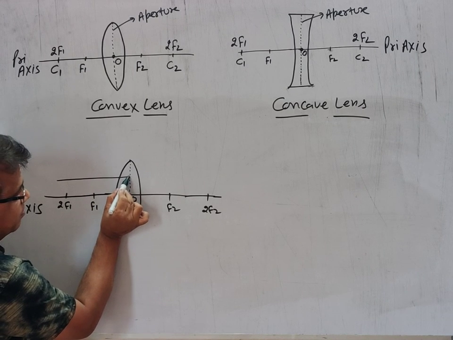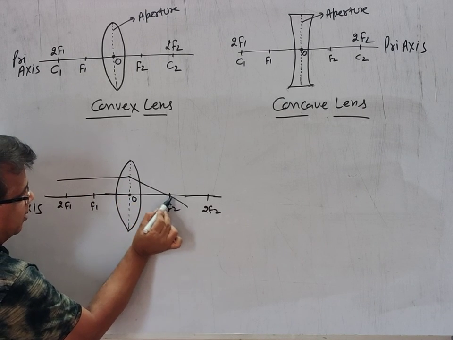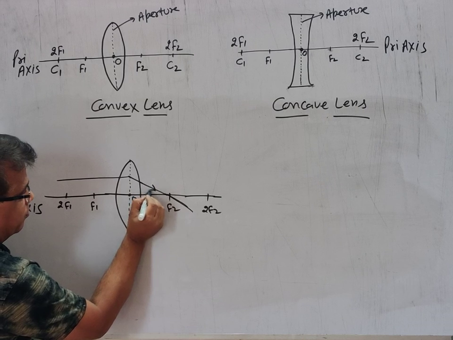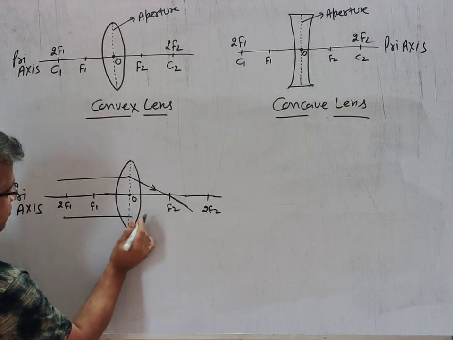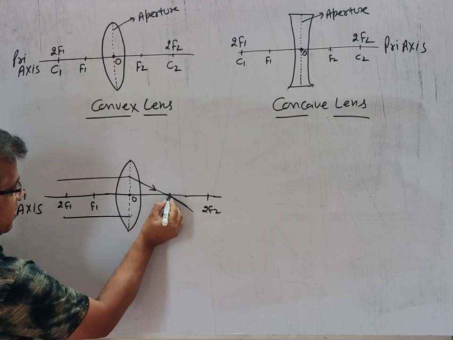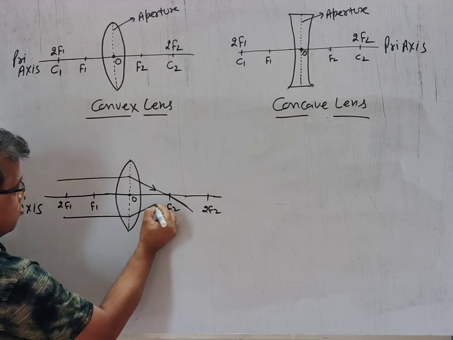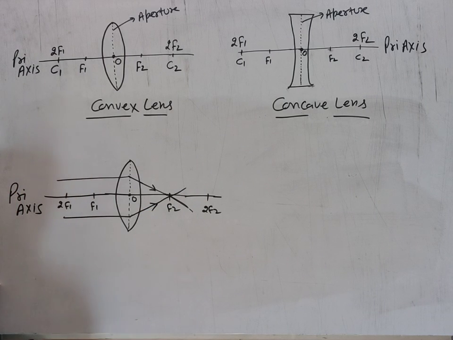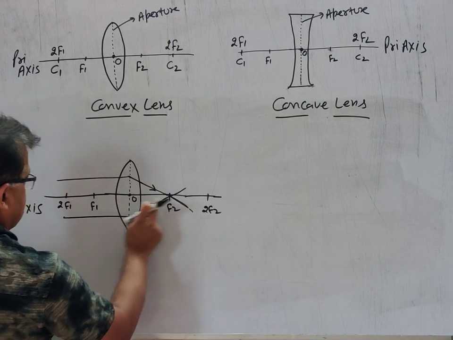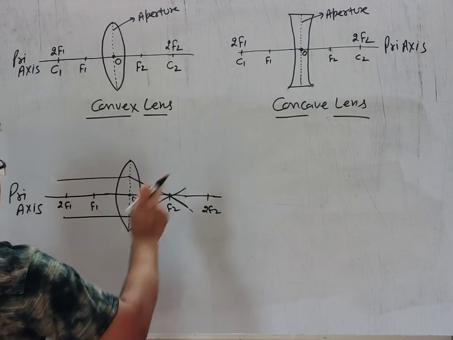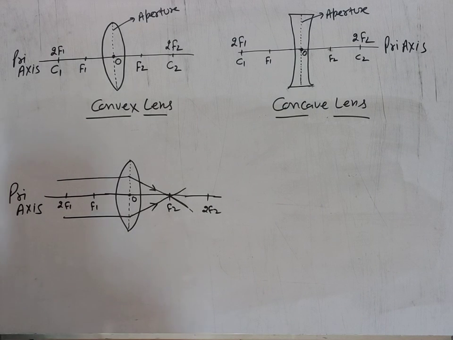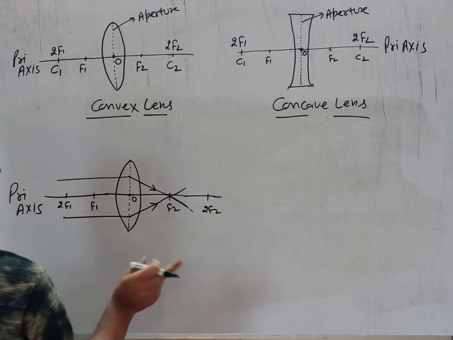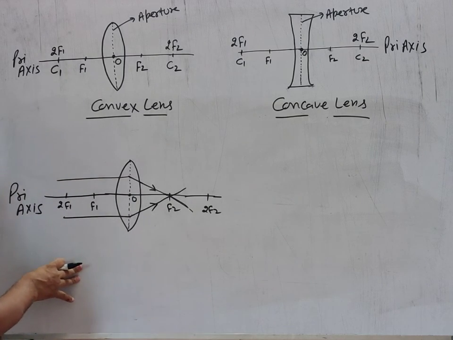After that it will pass through this focus. Same way, if you want to show another, this up to this point. After that, this. So this is principal focus, it is also principal focus, and in that case this lens is also known as converging lens, that I shall explain after a little time.